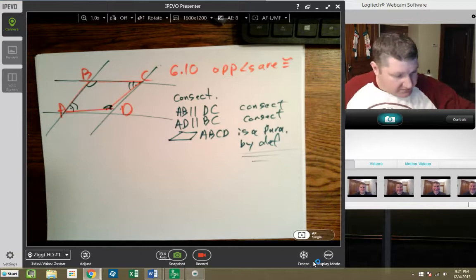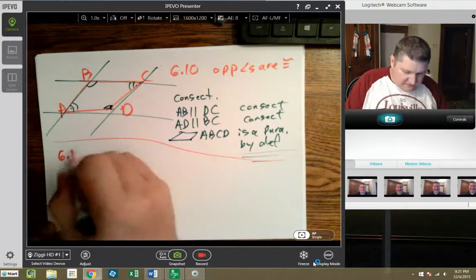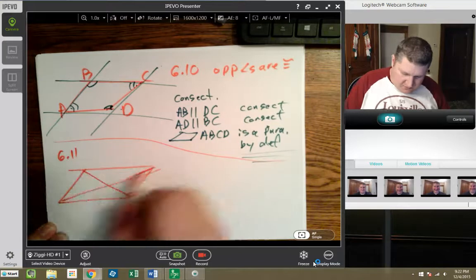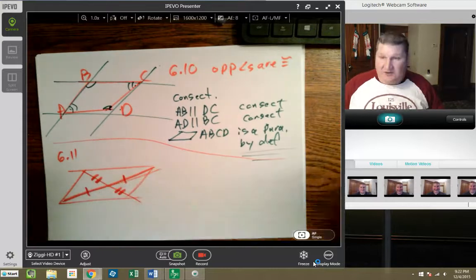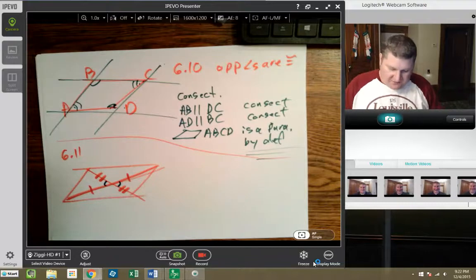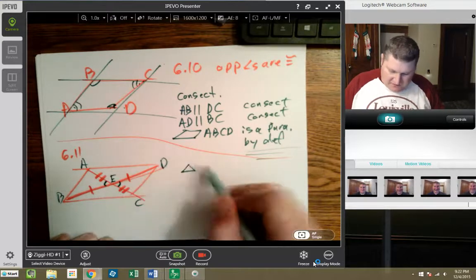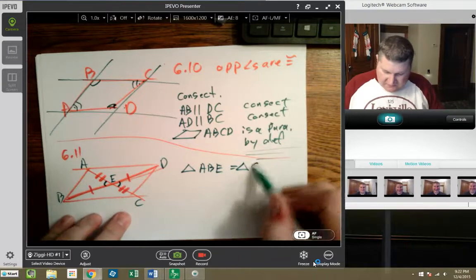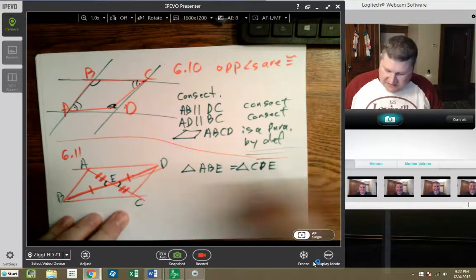All right, now, again, let's go down to theorem 6.11. This says if the diagonals, whoa, that's a horrible diagonal. If diagonals bisect each other, then it's a parallelogram. Well, this is congruent to itself by vertical angles. And so now with A, B, C, D, E, I can say triangle ABE is congruent to triangle CDE by side angle side.